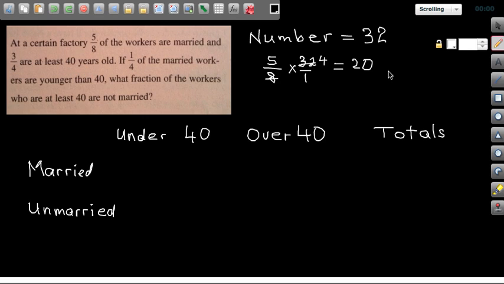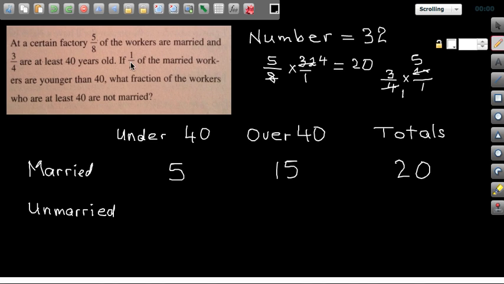So 3/4 of 20. So I would say 1 4 is 4, 5 4s are 20, and 15 are at least 40 years old. So since I know there are 20 married altogether, that leaves only 5 married that are under 40.